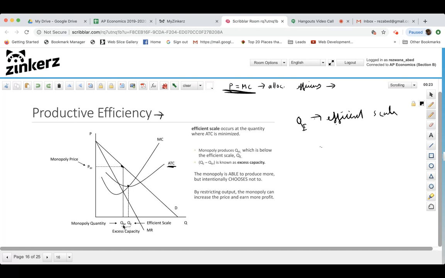So they produce QM, which, as you can see, is less than QE. This difference between QM and QE is called excess capacity, which means that the monopolist is able to produce more. They're able to produce this quantity QE, but they intentionally choose not to.